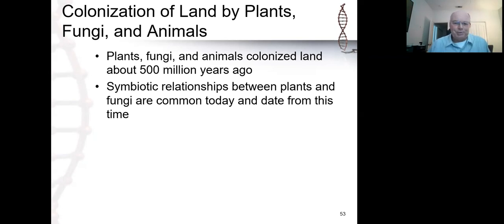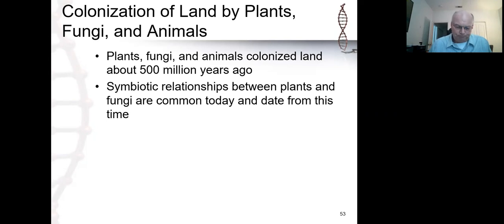But fungi are particularly good at doing this. Because of the body plan of a fungus, it can penetrate into large volumes of soil and extract nutrients and water in large amounts, because their body plan is adapted very well for absorption.